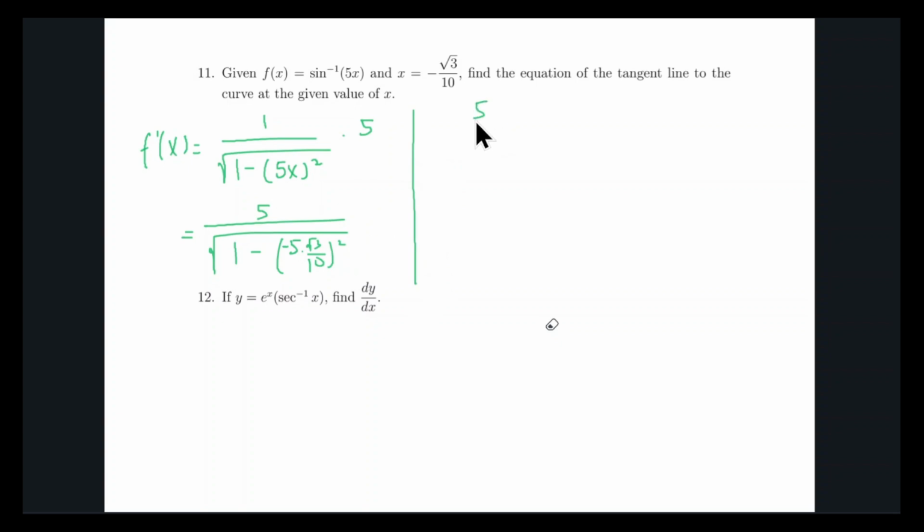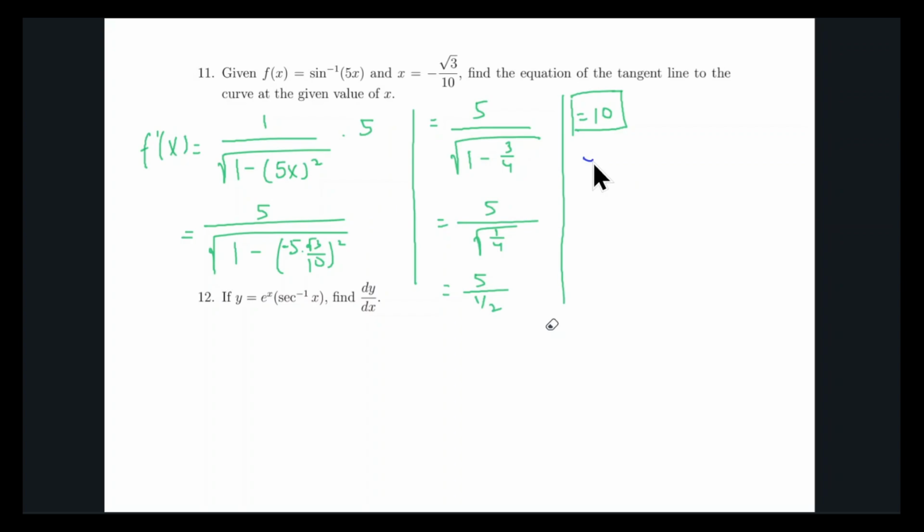So this will be 5 over square root of 1 minus 5 times root 3 over 10 is root 3 over 2, and the square of negative root 3 over 2 is just 3 over 4, because the square of a negative is anyway positive. I hope you understand. 1 minus 3 over 4 is 1 over 4, and the root of 1 over 4 is 1 over 2, and 5 over 1 over 2 is 10. So that's the slope.